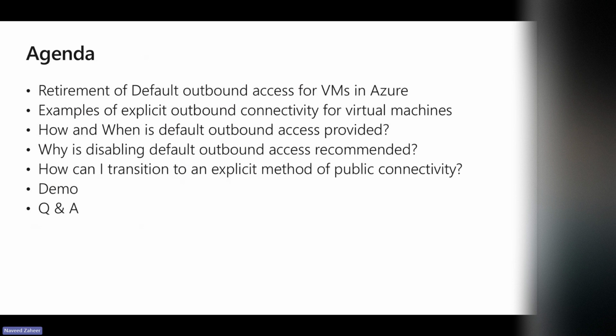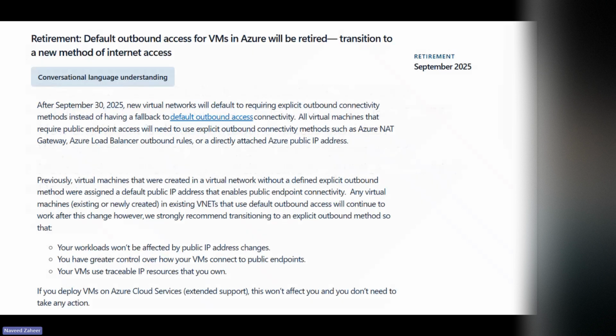So first of all, talking about the default access, let's say that you have a virtual machine running inside a VNet in a subnet that is not a private subnet. The machine doesn't have a public IP, is not behind a load balancer, and there's no NAT gateway attached to the subnet, all of that.